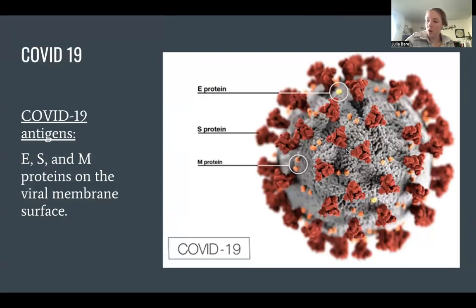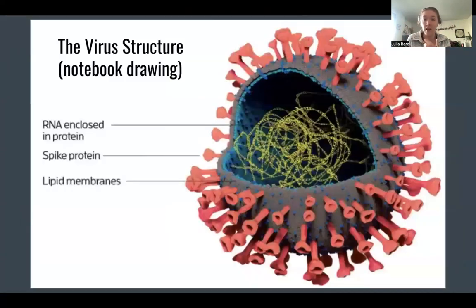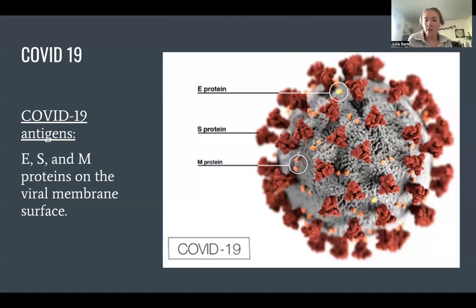Well, if you've learned anything about COVID-19 in the past, you know that COVID-19 has the following structure. It's basically a sphere of phospholipid membrane that has proteins and carbohydrates sticking out of the top. And on the inside, it has RNA. We have different names for the proteins sticking up off of the top of COVID-19.